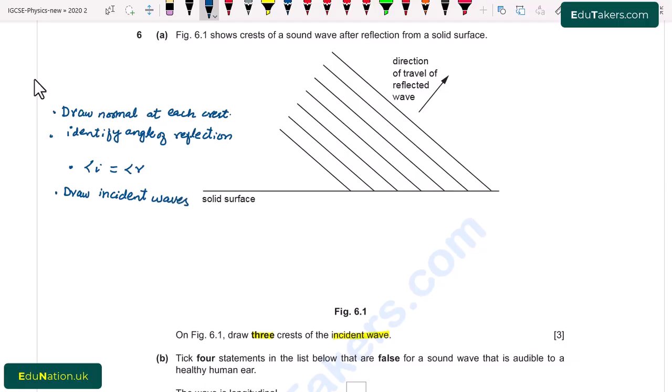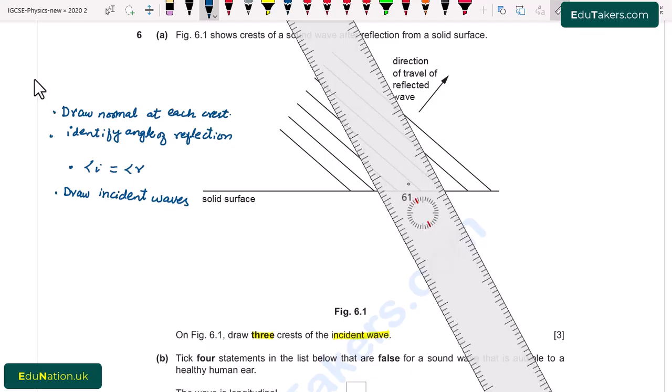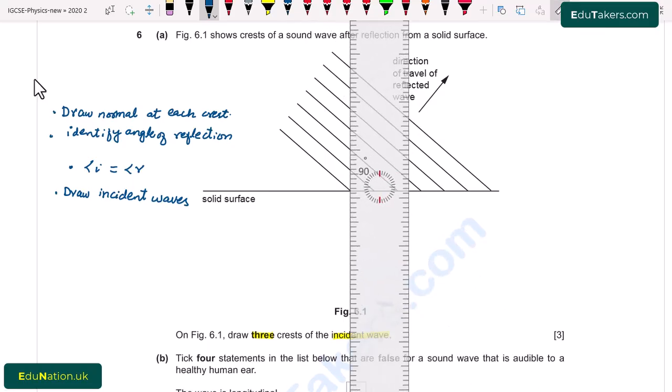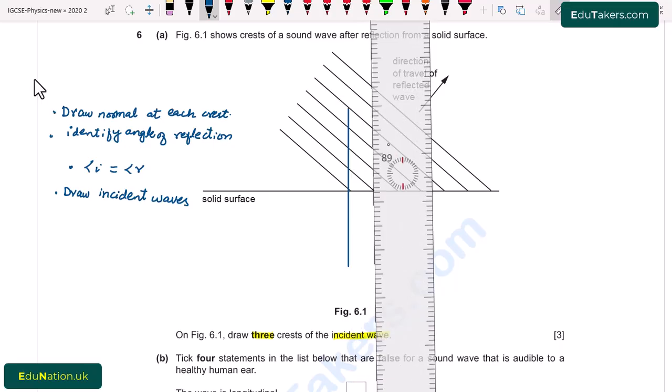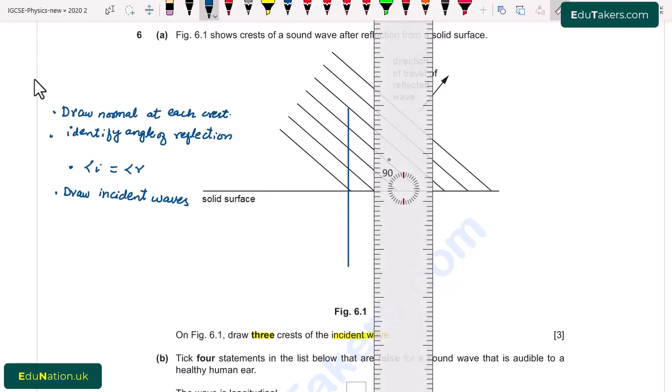So first of all, I am going to draw the normal. Here they are asked to draw three crests. So first of all, I draw the normal. This is the second normal.